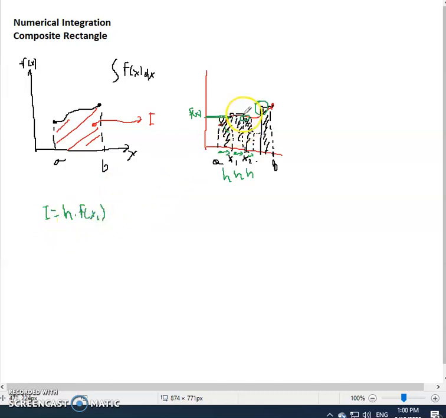Now I move to the second rectangle. The base is h again, and the height is this point here, which of course is f of x2.